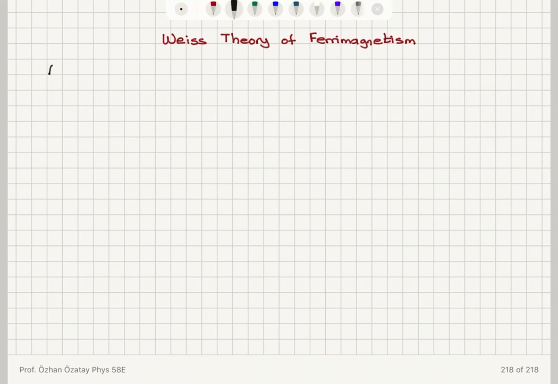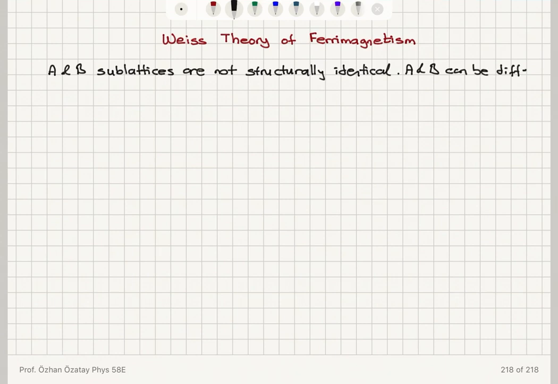Okay, so A and B sublattices are not structurally identical, so A and B can be different atomic species or same ion in different symmetry locations.